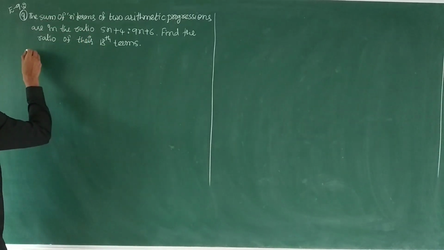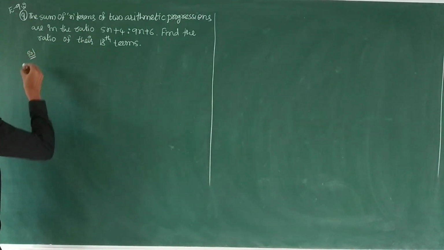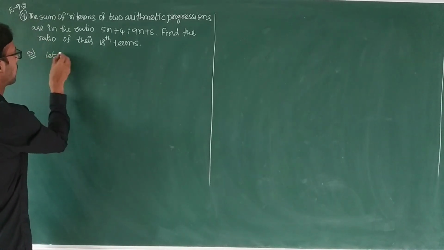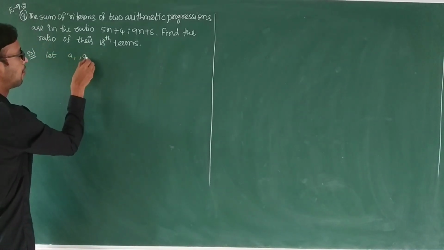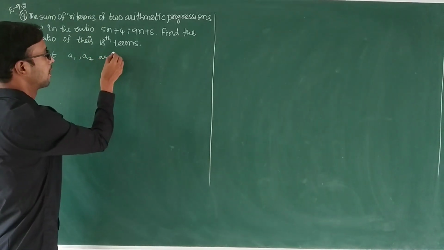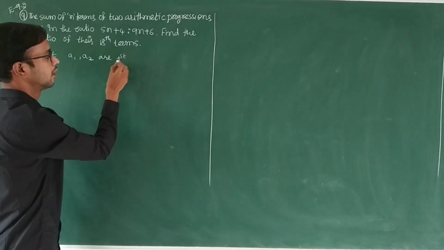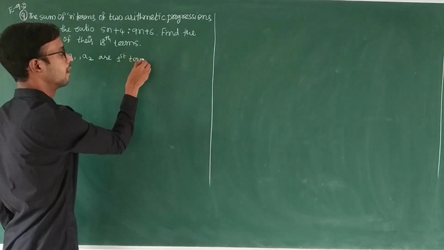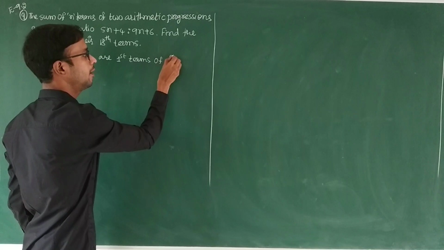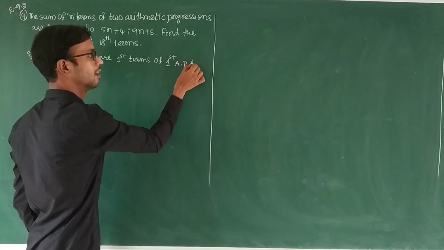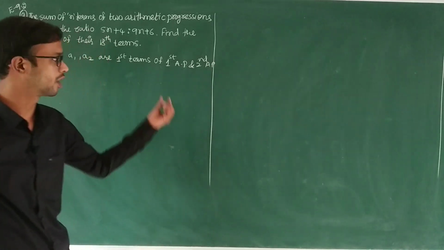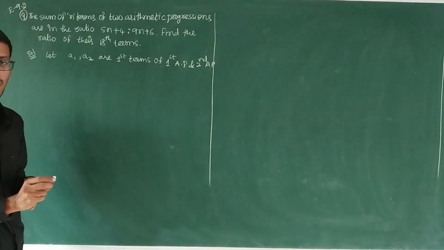For the two arithmetic progressions, first of all, let A1, A2 be the first terms of the first AP and second AP. The first arithmetic progression's first term is A1.